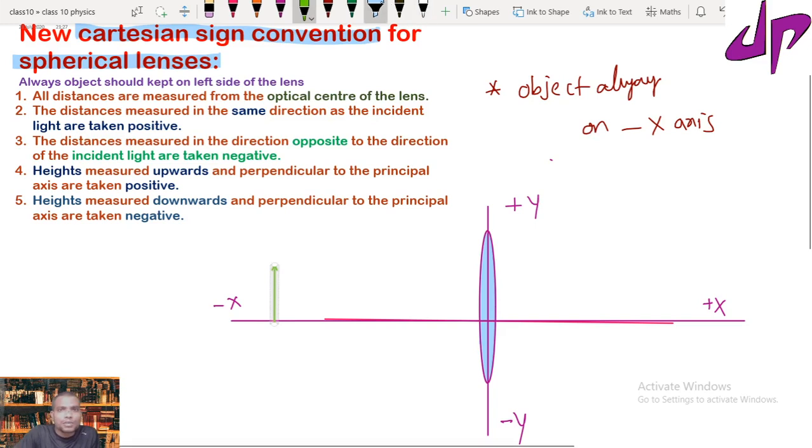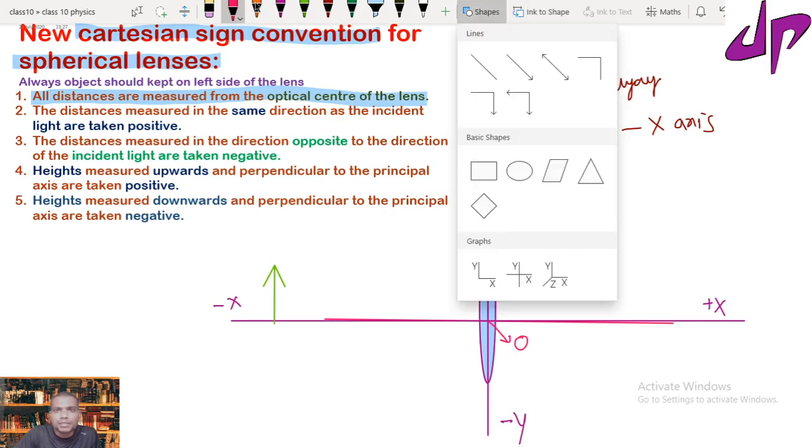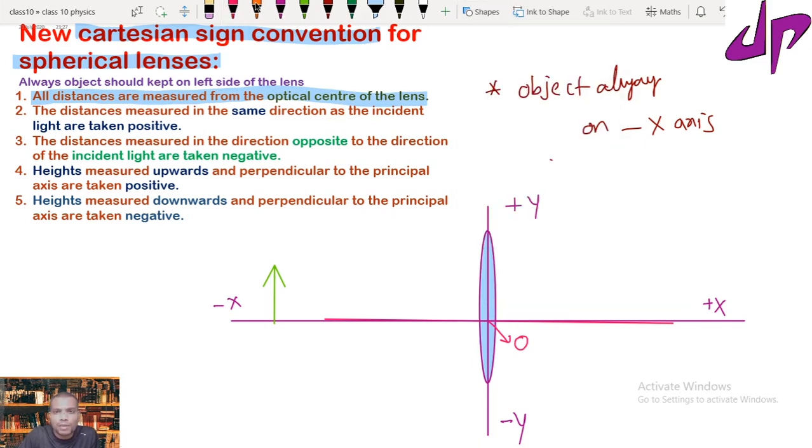The second rule is we need to measure all distances from the optical center. So where is the optical center? The optical center is exactly here. The mid portion of the lens is known as the optical center. We always measure distances from the optical center, from here to here.